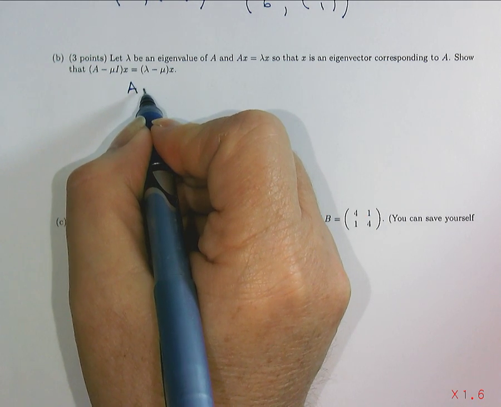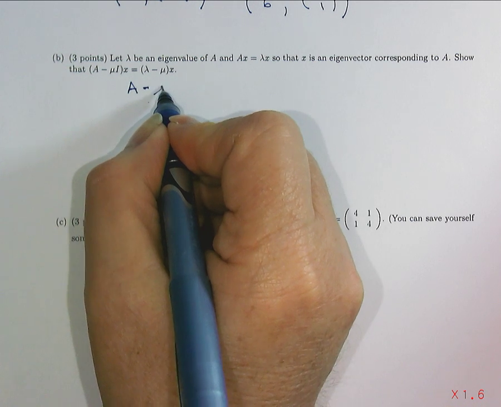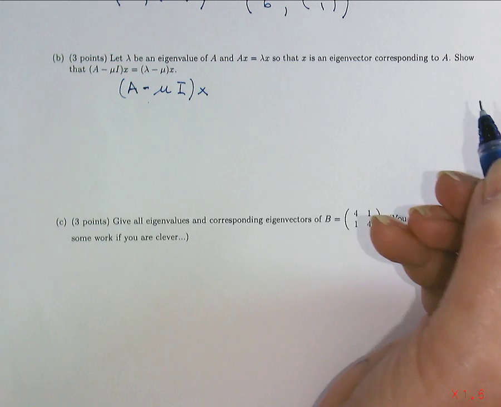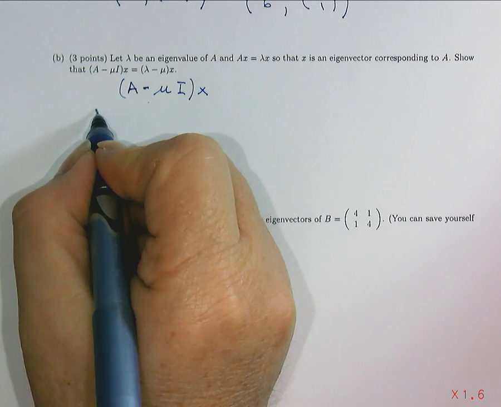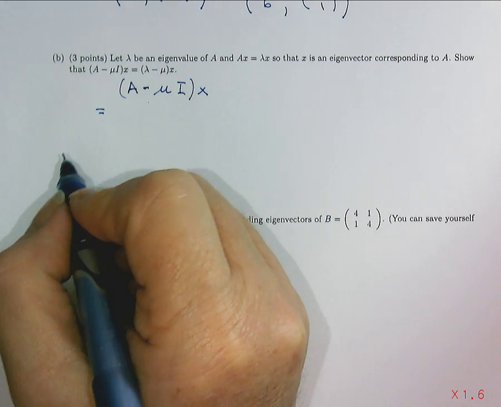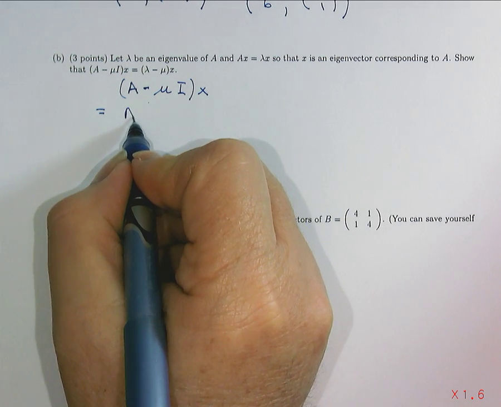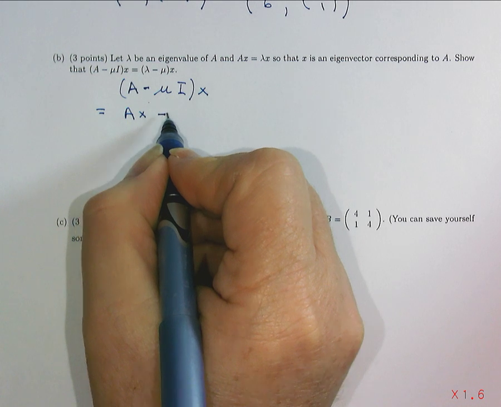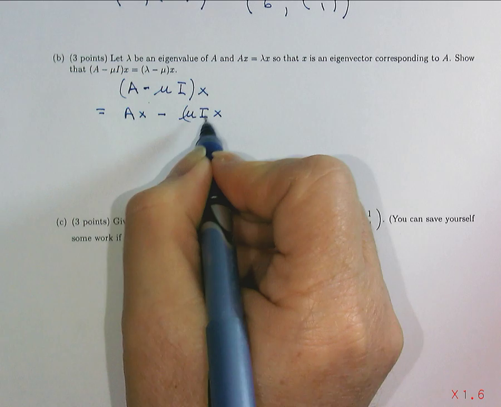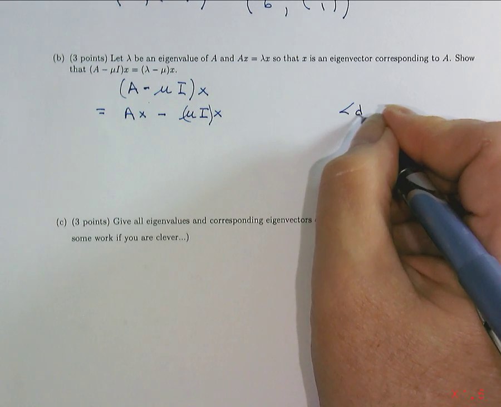We'll say the left-hand side, A minus mu times the identity, that quantity times x. And let's see what we can do here. Well, we know that matrix vector multiplication distributes, so this becomes A times x minus mu times I times x by the distributive property.